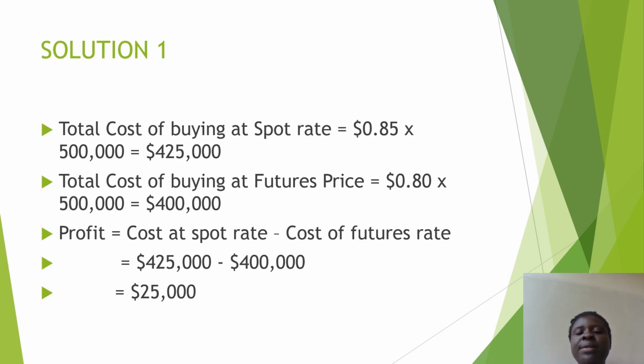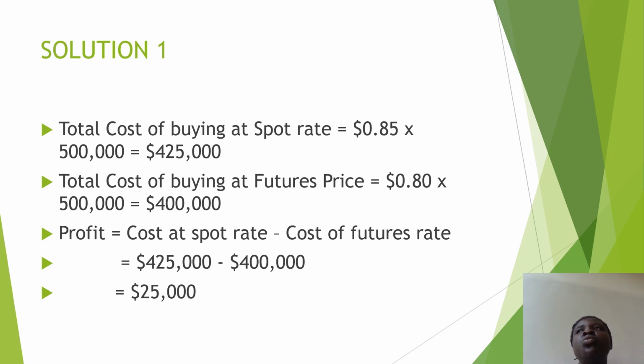So, solution 1. Now we have to determine the total cost of buying at the spot rate. Suppose the trader didn't enter into any futures contract, and at the end of the 3 months the person wants to buy euros from the market. The person will buy at the spot rate, that's the rate working in the market at the end of the 3 months.